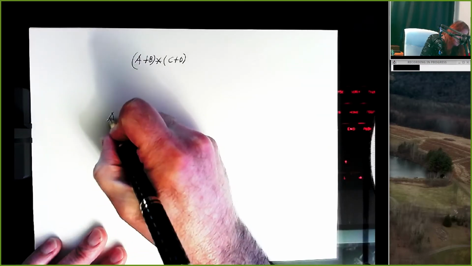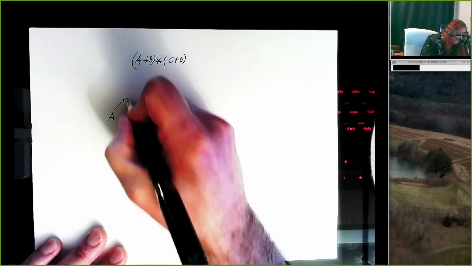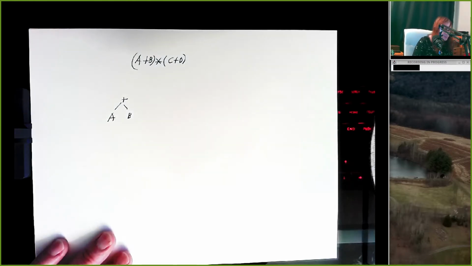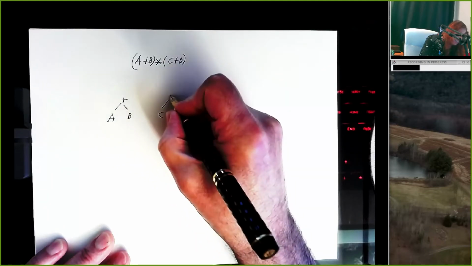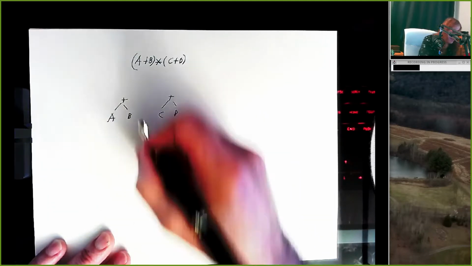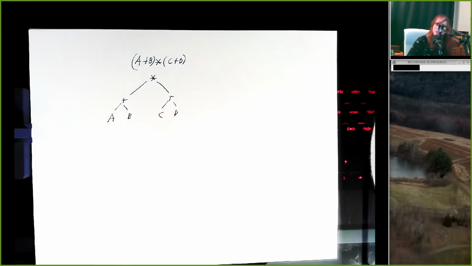I'm going to write A and B down here, and I'm going to make them children of an operator, which is a plus sign. And over here I'm going to put down C and D and make them children of an operator, which is a plus sign. And then I'm going to make those two plus signs children of the operator multiplication.